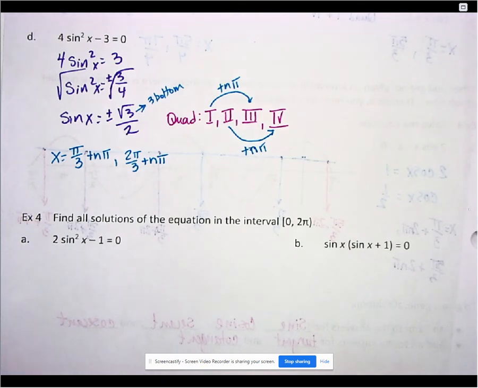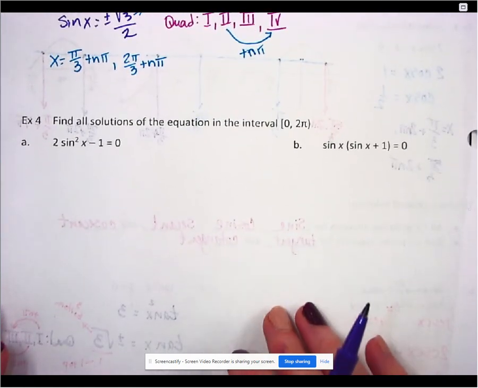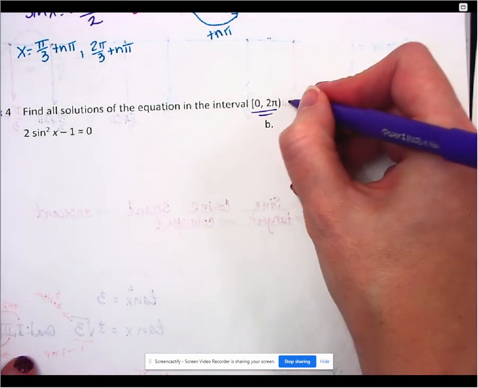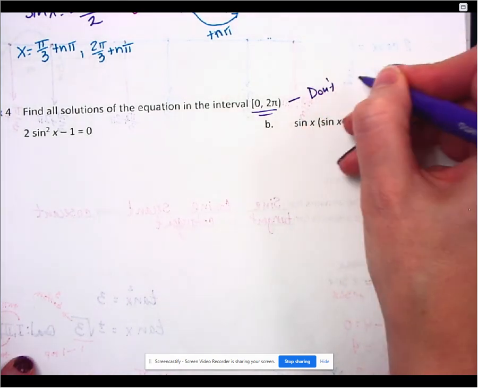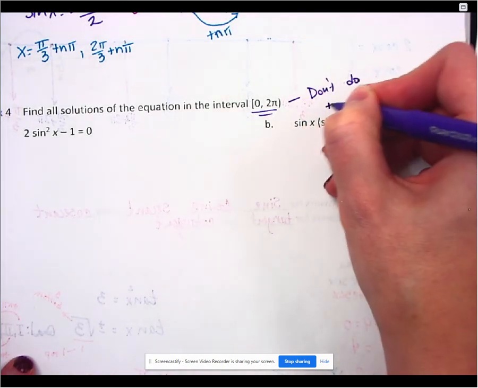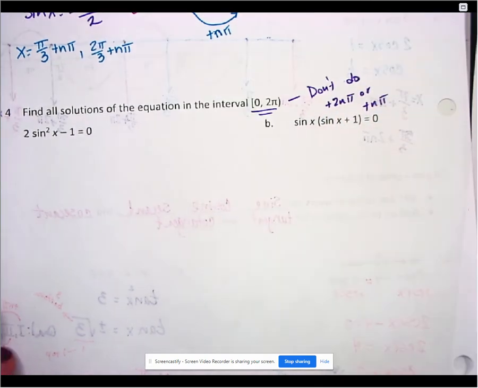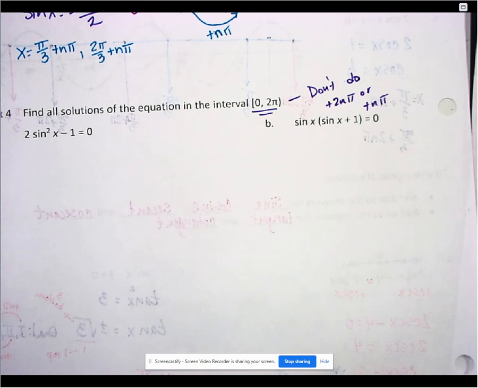All right, so for example 4, we're going to find all the solutions in the interval. When you're given the interval, then you don't do plus 2n pi or plus n pi. You just give the angles.